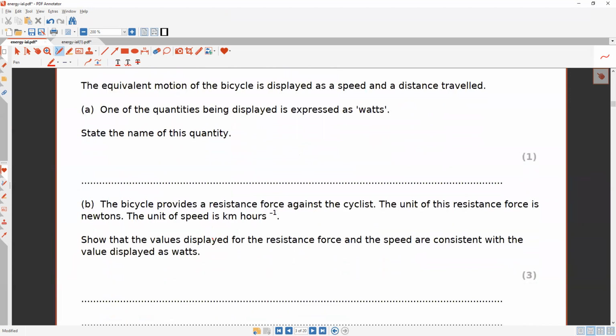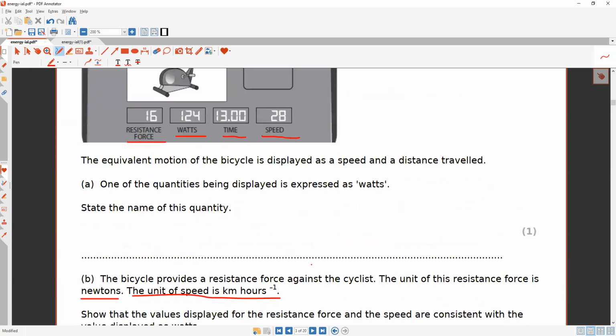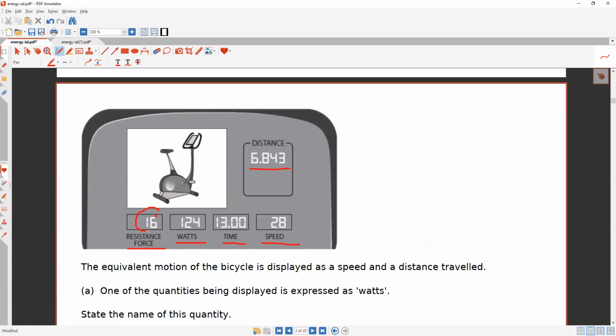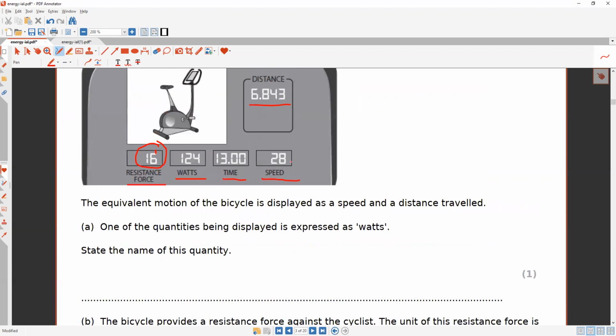The bicycle provides a resistance force against the cyclist. The unit of this resistance force is Newton. The unit of speed is kilometer per hour.